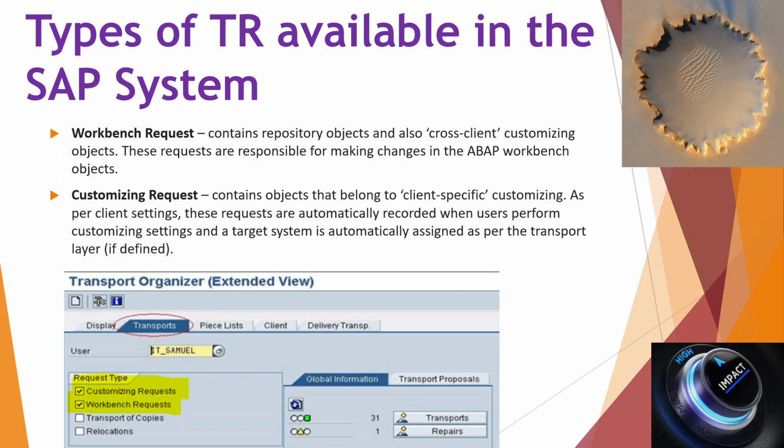Customizing request contains objects that belong to client-specific customizing. As per client settings, these requests are automatically recorded when users perform customizing settings, and a target system is automatically assigned as per the transport layer if defined.